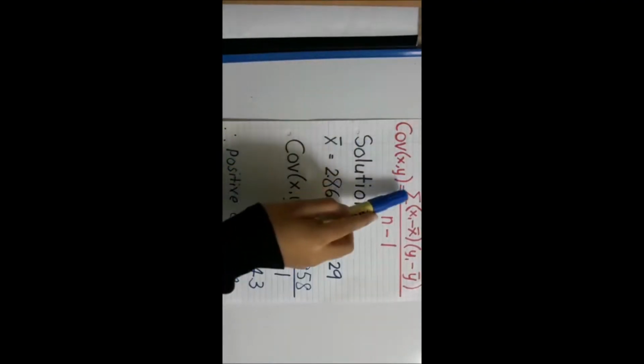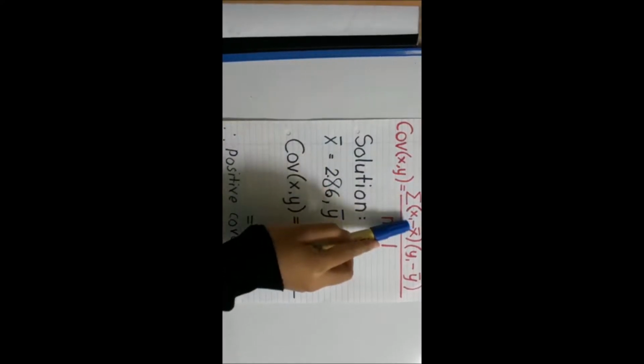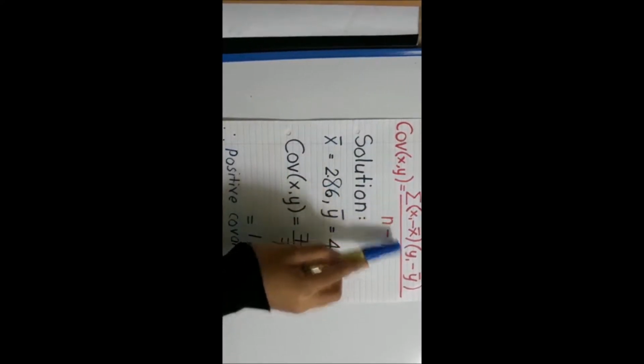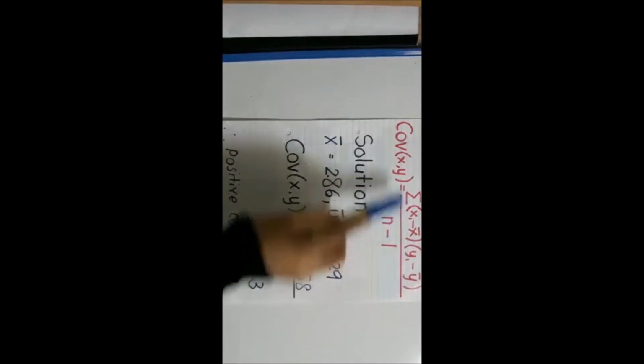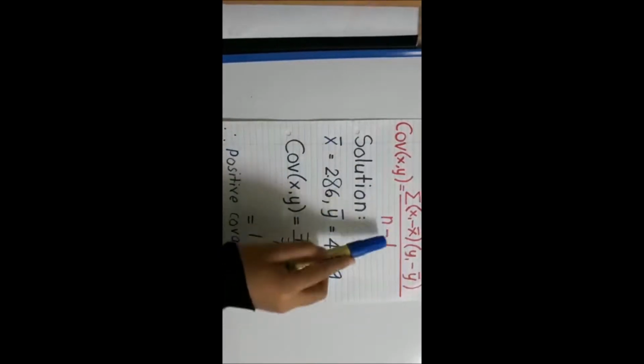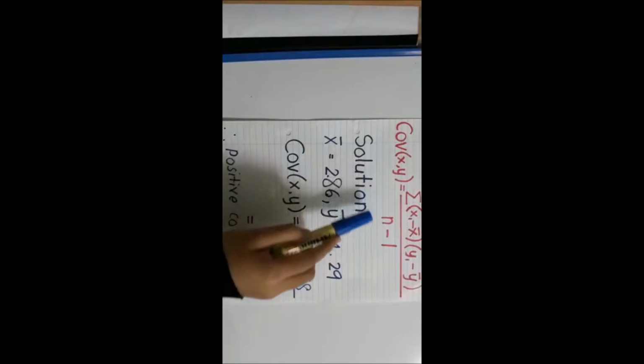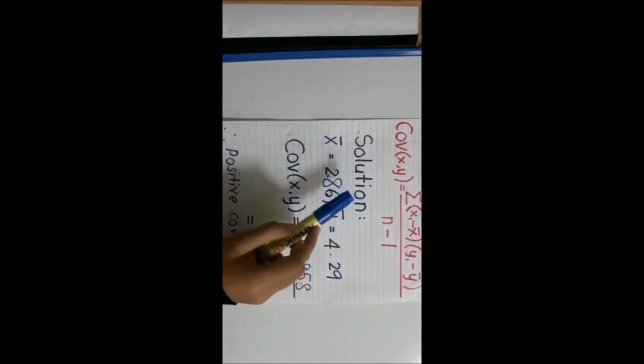Covariance is equal to the summation of x minus x bar multiplied by y minus y bar, divided by n minus 1. n is equal to 7 because there are 7 data points in the table.